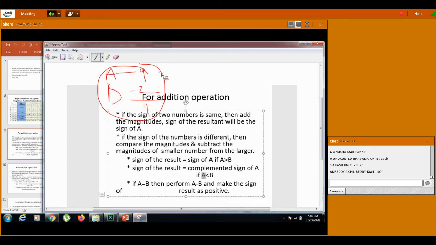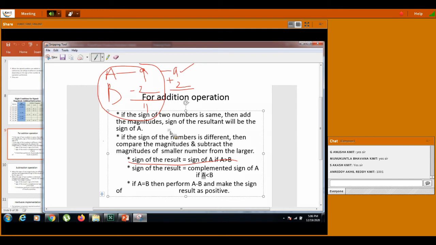But if A is minus 9 and B is only 2, I am adding these two, then go for this particular concept. See, if A is greater, yes, A is greater. So the sign of the result will be the sign of A only. What is the sign of A?